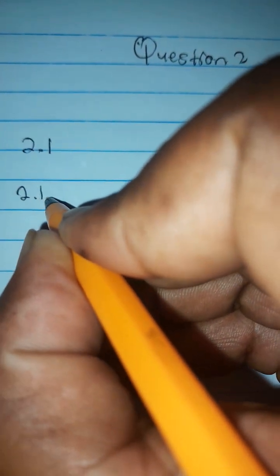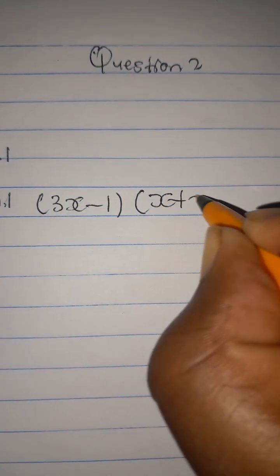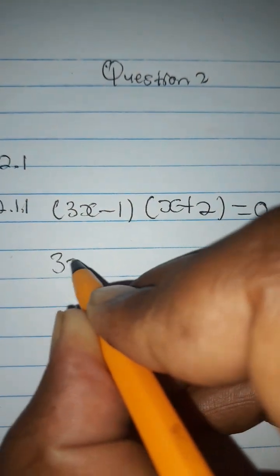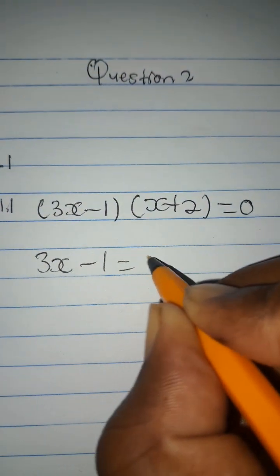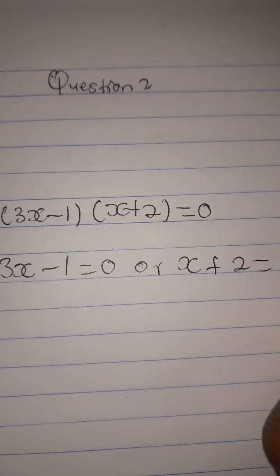Well, for question 2, remember I told you guys that we're looking at 2.1. We're given 3x minus 1 and x plus 2 equals 0. So you equate everything to 0: 3x minus 1 equated to 0, or x plus 2 equated to 0.